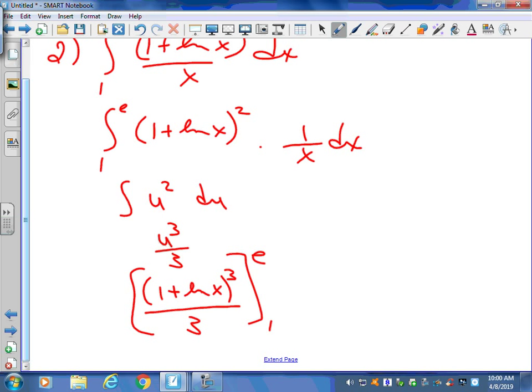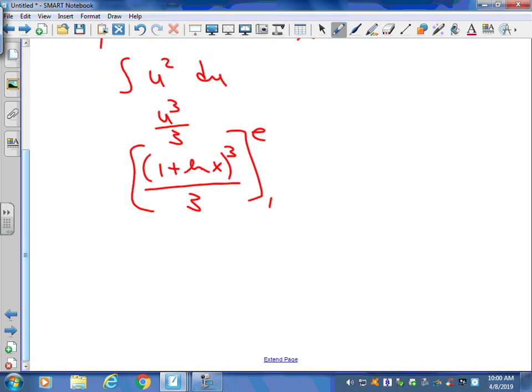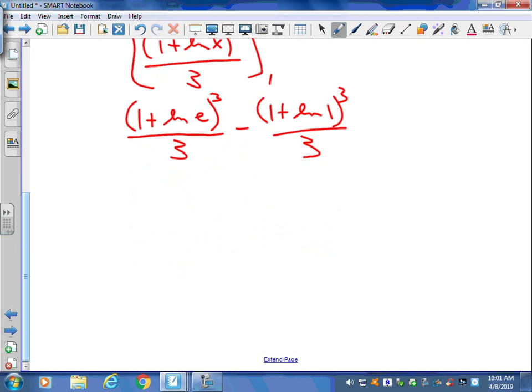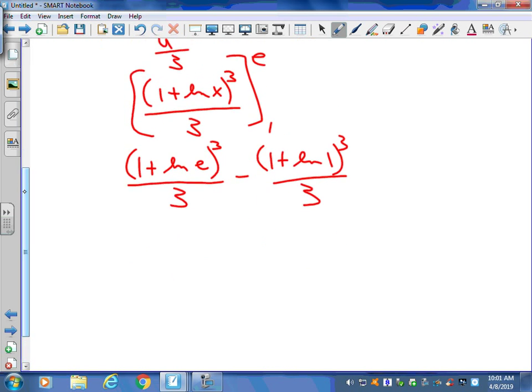Remember, it's like pi, it's a number. So we're going to treat it that way. So we're going to do 1 plus ln of e to the 3rd power over 3 minus 1 plus ln of 1 to the 3rd power over 3. Does that make sense to everybody on how I plugged in the first fundamental theorem of calculus?